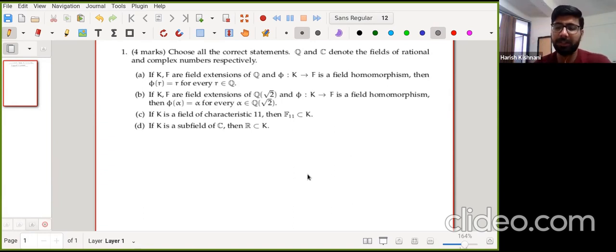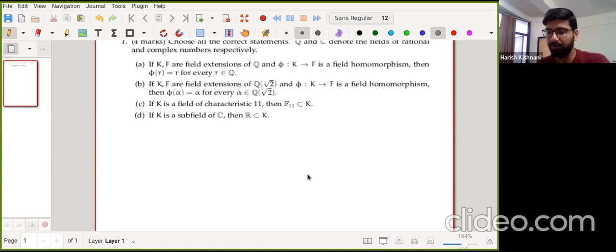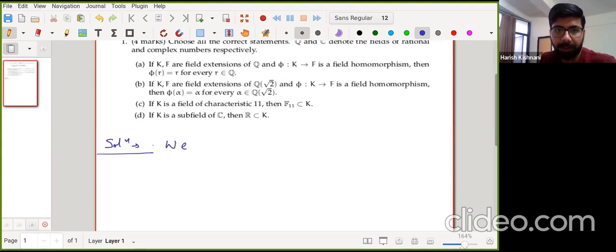We have already discussed this in the previous live interaction sessions, but just for the sake of revision, let me redo it. We are solving part A. Let phi from K to Q be a field homomorphism.